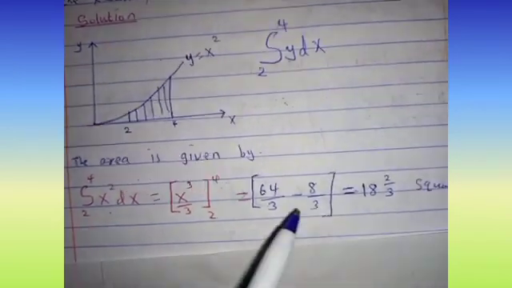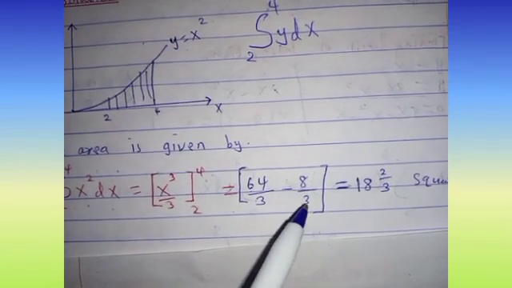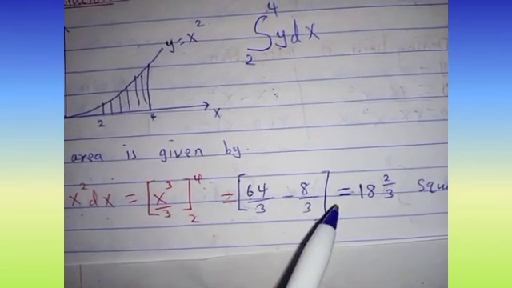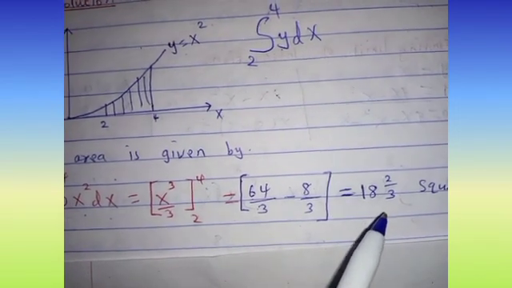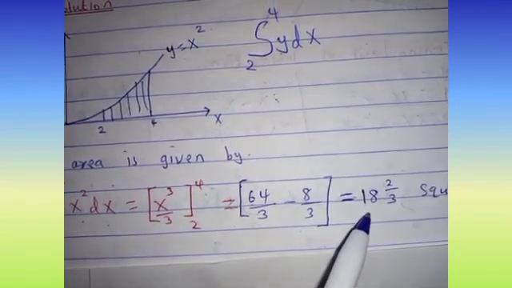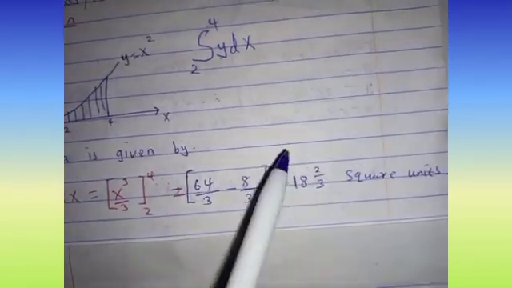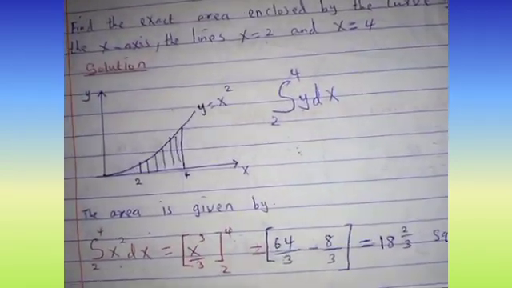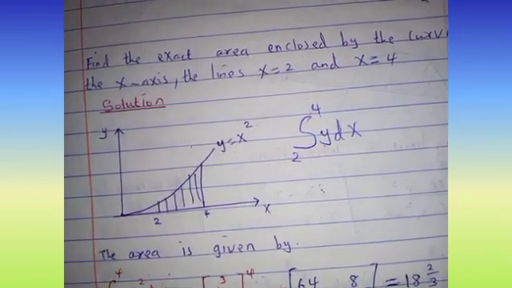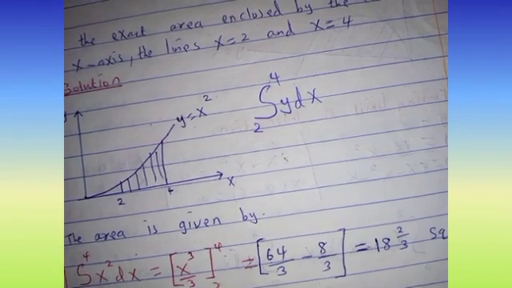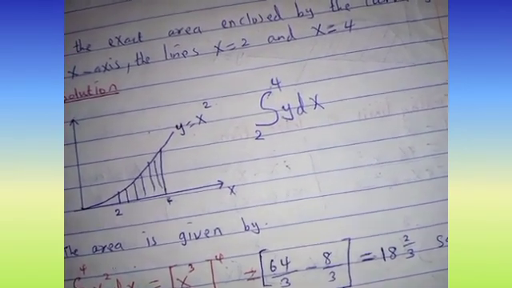When you simplify, it is 64 minus 8 to get 56 over 3, which is the same as 18 and 2 thirds, because 18 times 3 is 54 plus 2, 56. So that is the result, in square units. So that is how you can use integration to get the area under the curve.